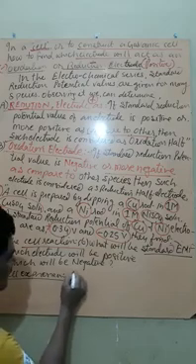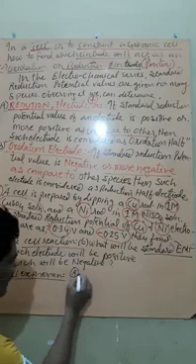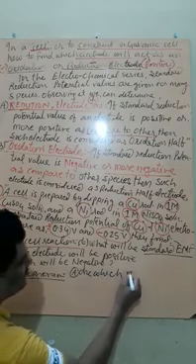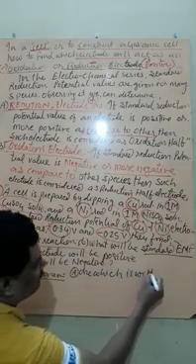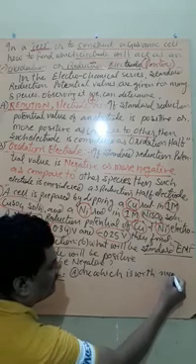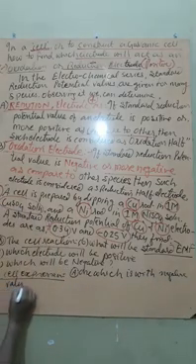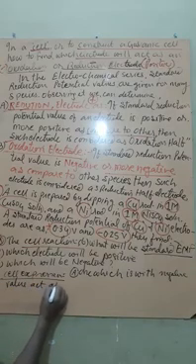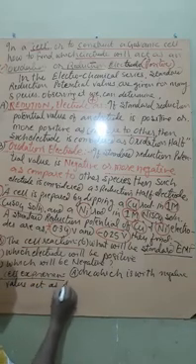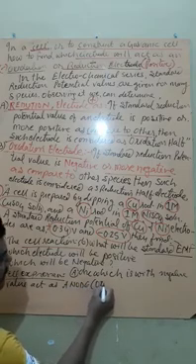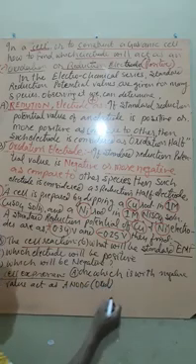So here we will take the help of the value. The one with a negative value acts as anode, that is where oxidation takes place.